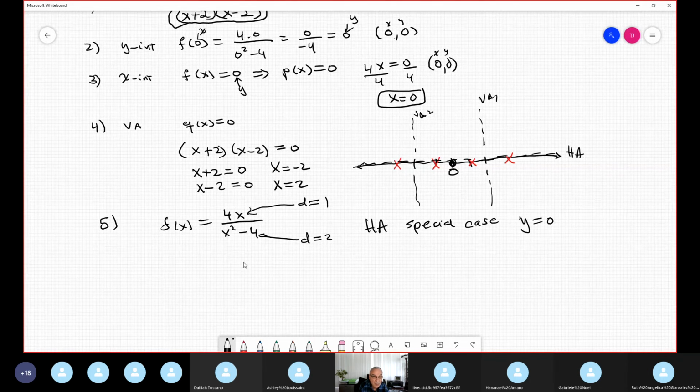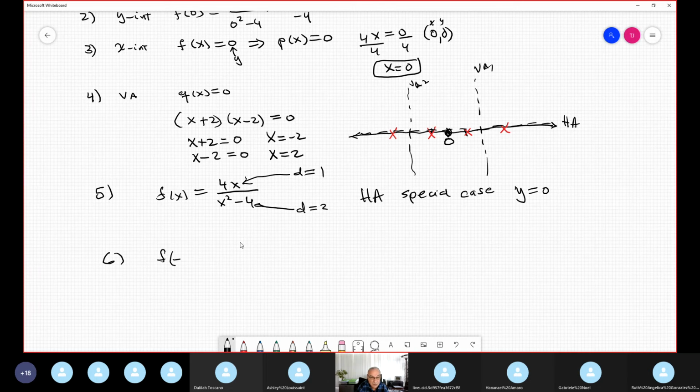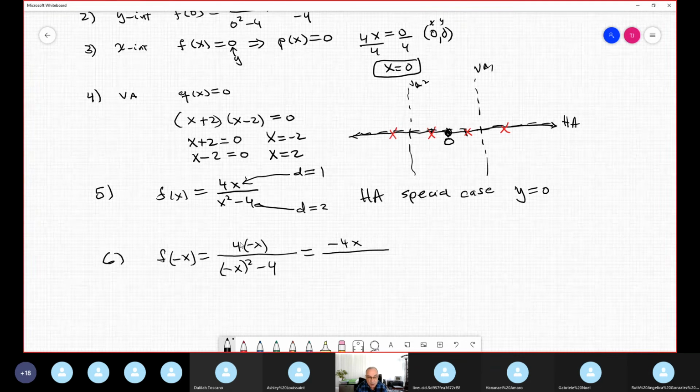Okay. Number 6, prove quickly algebraically if it is even, odd, or neither. When you make a reflection, reflection means that you change the sign, you replace x with negative x, and you manipulate a little bit algebraically, and you see that when the exponent is even, it is positive.